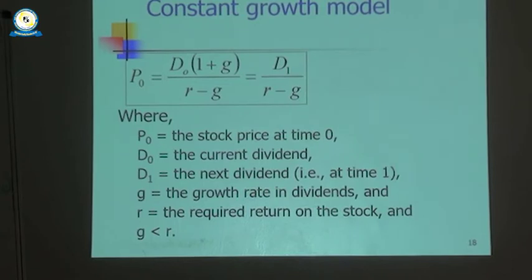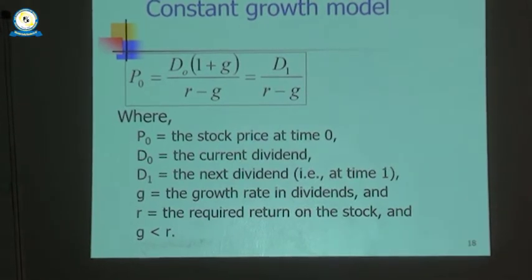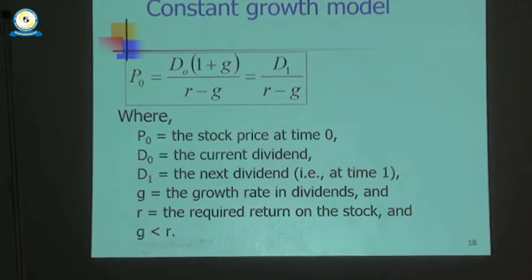Now, constant growth model. In this regard, the dividends grow constantly. So our formula is P0, price of the share, is equal to D1 over R minus G, where D1 is what we call expected dividend, or next dividend.